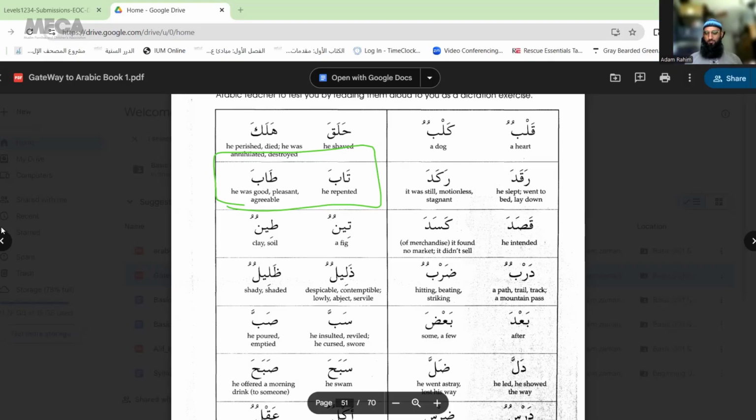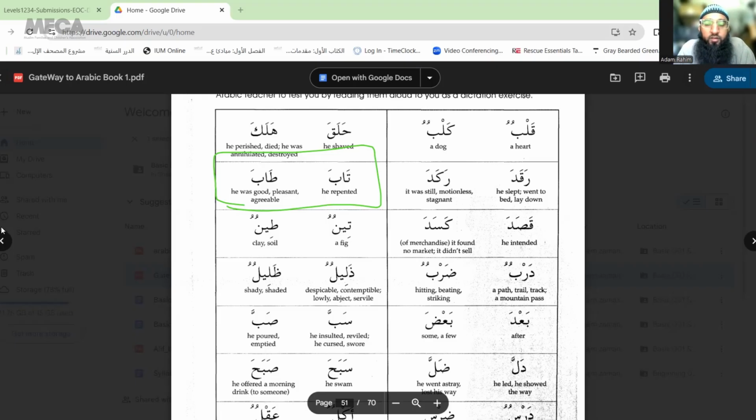He repented. Taba. Very nice. Try not to add that ha. There's no ha, it's just Taba. And he was good, pleasant, agreeable. Tauba. Very good.